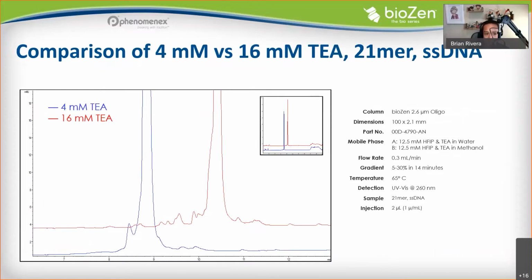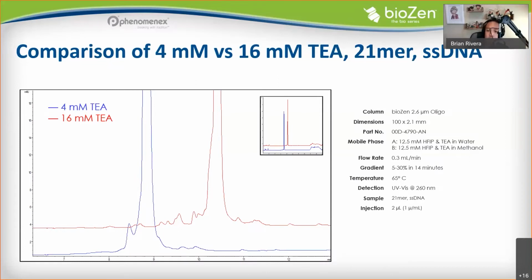So in comparing the differences in ion pair concentration, one of the things, of course, is if you decrease HFIP, ultimately what that's going to do is decrease the overall retention of the oligo that you're looking at, wherein now you can really start to expand your experimental design for how much alkylamine you're actually adding.